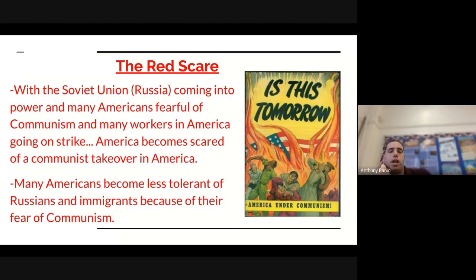Not the Chinese Exclusion Act. Good try, that took place in the 1880s. It's a good mistake, Rosemary. The other one, which isn't as popular, is known as the National Origins Act. You pair that with the Quota Act. These two laws were put together because of the Red Scare and people being fearful of a communist takeover. They wanted to limit immigration, and they were fearful of the workers taking over.